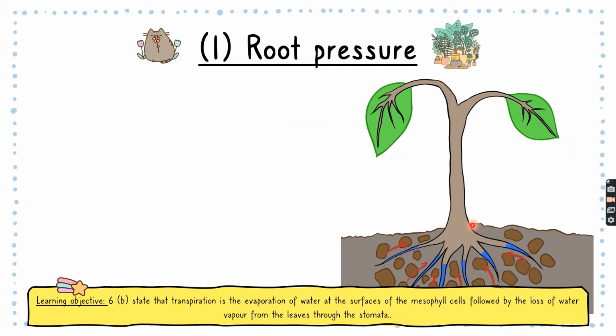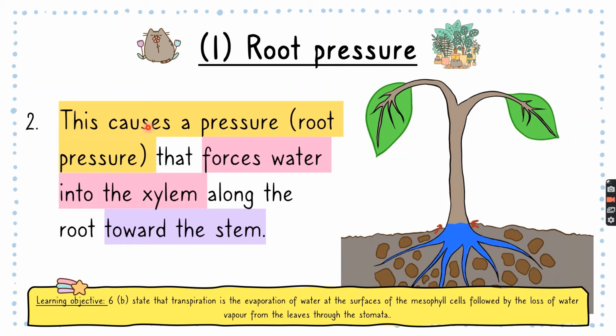Yeah, center of the root. Okay, so this causes a pressure called root pressure that forces water into the xylem towards the stem, a little bit. So water will actually rise a little bit up due to that root pressure. But that's not enough for water to reach the leaves yet.